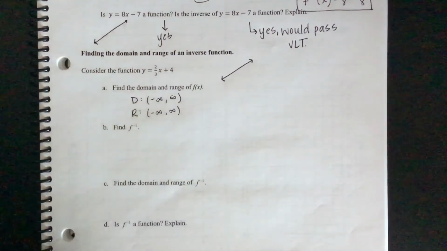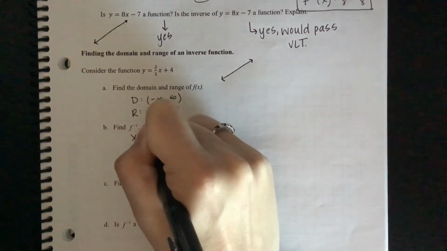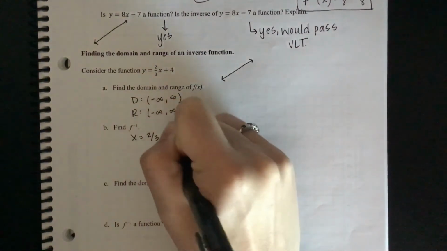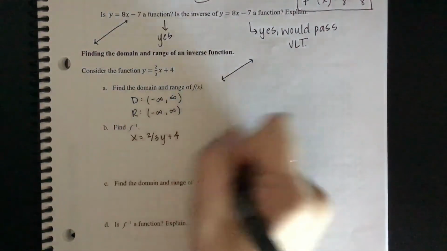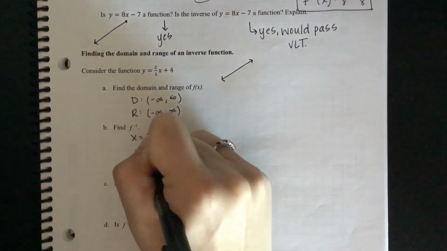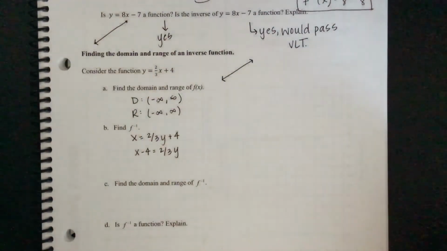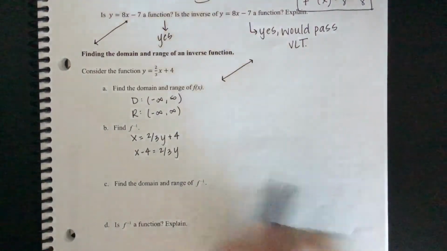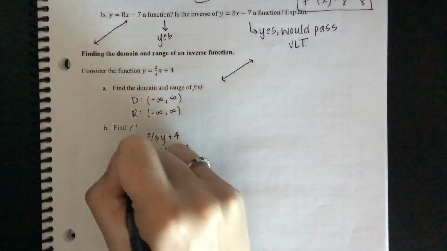Find f inverse. Okay, so we switch our x's and our y's, and we solve for y. So subtract 4, x minus 4 equals 2/3 y. I'm going to multiply by 3 to get rid of my denominator.